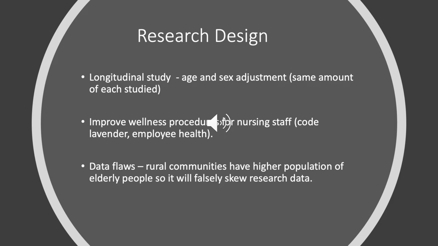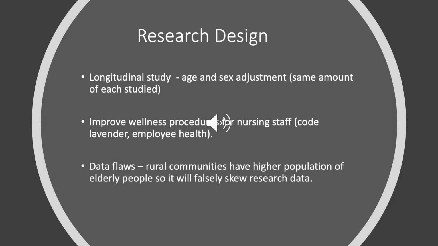With that being said, when doing this research project, you would need to have some controls, such as age and sex adjustments within your cohorts, because if you pick rural hospitals, you're likely going to see an increase in elderly population because there are more elderly in those rural places typically.